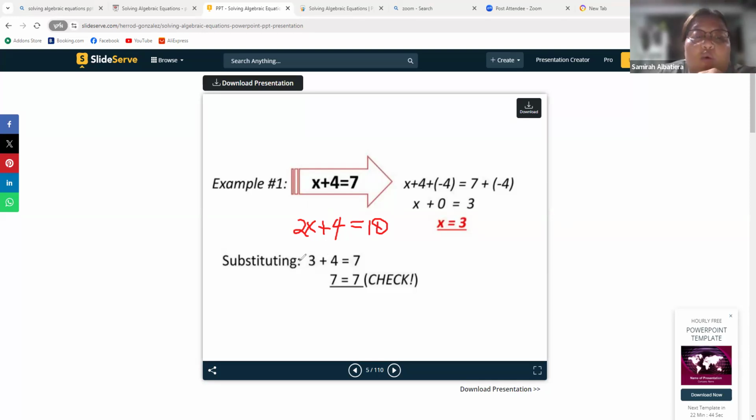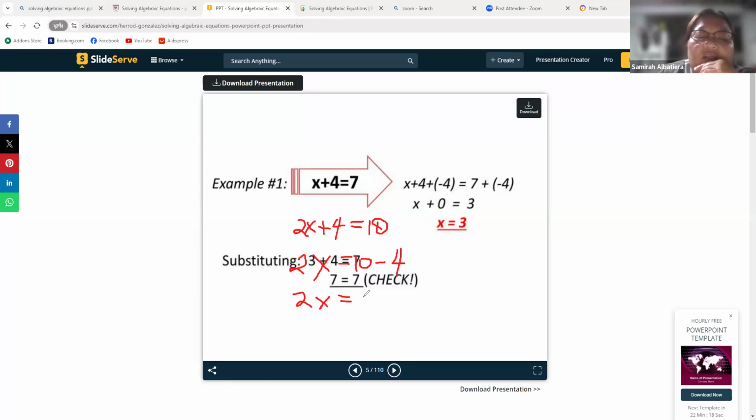Okay? So 2x, we do not know the value of x yet. What we are going to do is simply copy the 10, and take note that the 4 here is plus. So by transposing it, it will become minus 4. Look at this. So 2x now is equal to 6, right?